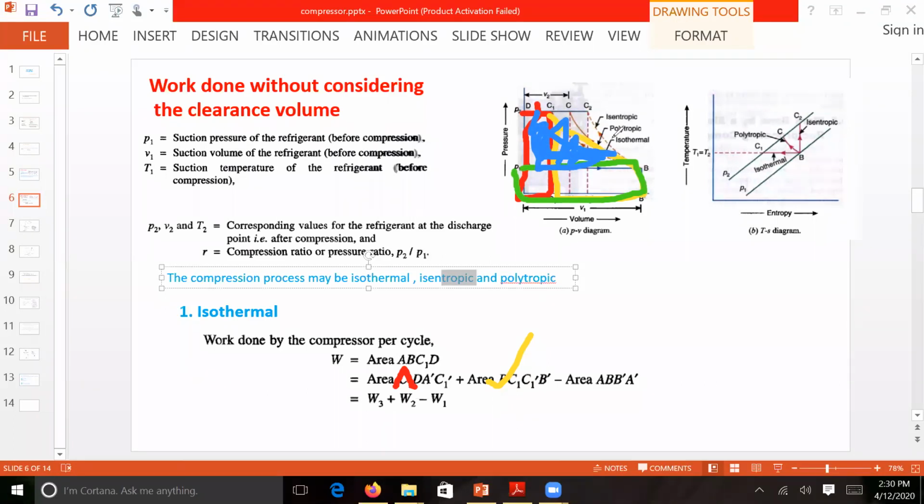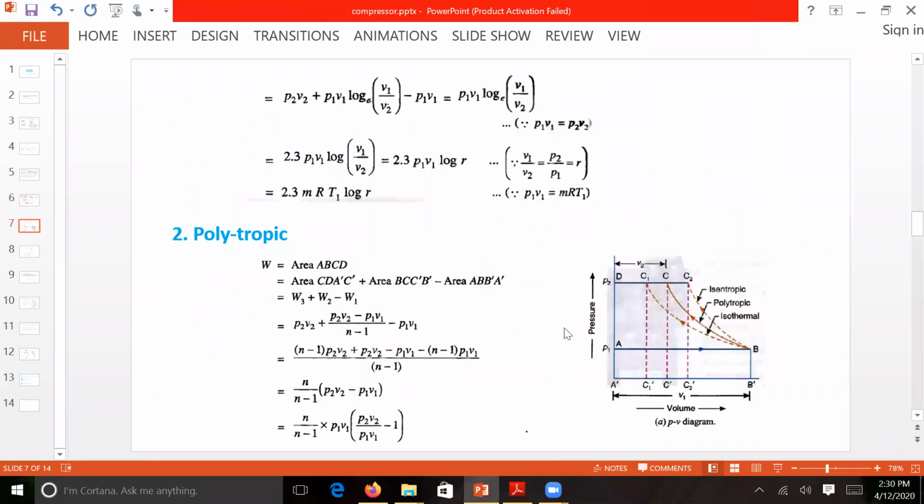Sorry for the delay. So this will be W3, whatever that may be. So what happened: the first one is your P2 V2, which you can see here.